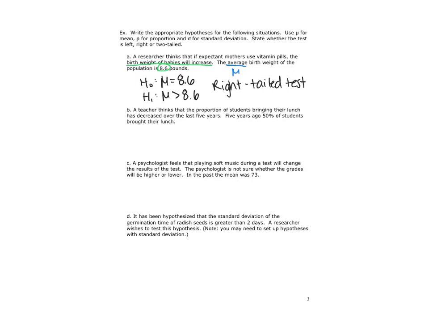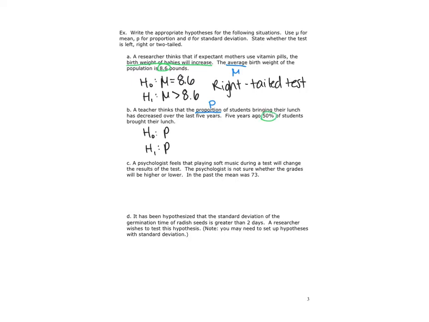A teacher thinks that the proportion of students bringing their lunch has decreased over the last 5 years. 5 years ago, 50% of students brought their lunch. First, identifying the parameter of interest is going to be proportion, so p, which indicates that both of our hypotheses will be statements about p. Five years ago, 50% of students brought their lunch.